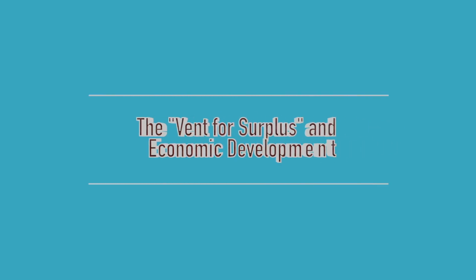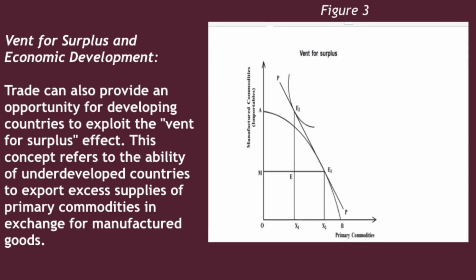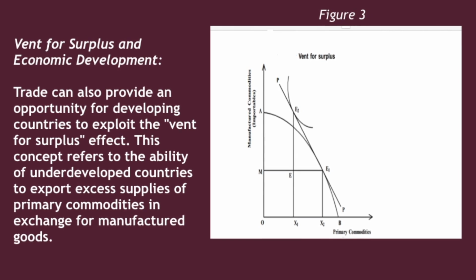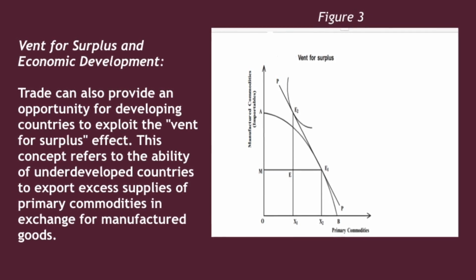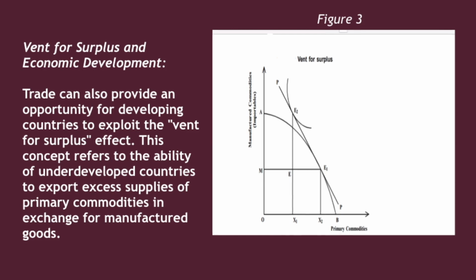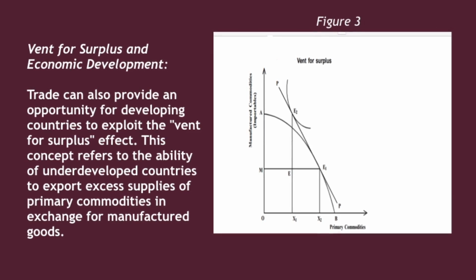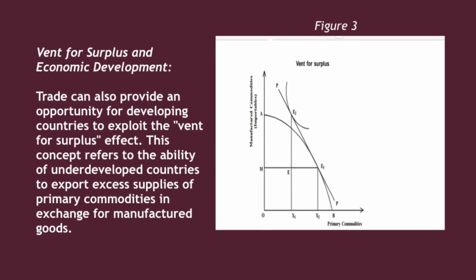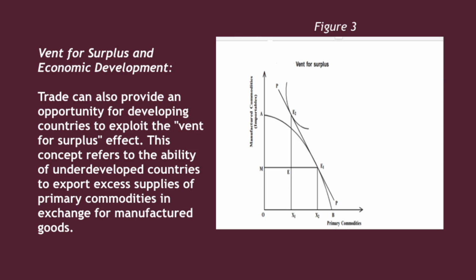The last point I want to explain regarding trade as an engine of growth is the argument of vent for surplus and economic development. How does it happen? Trade can provide an opportunity for developing countries to exploit the vent for surplus effect. This concept refers to the ability of underdeveloped countries to export excess supplies of primary commodities in exchange for manufactured goods.